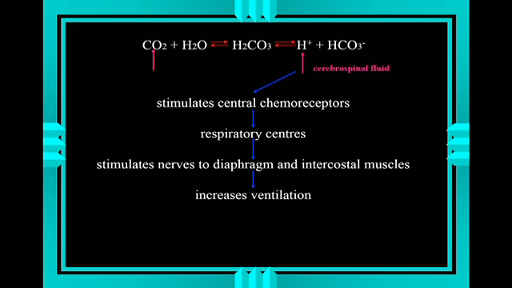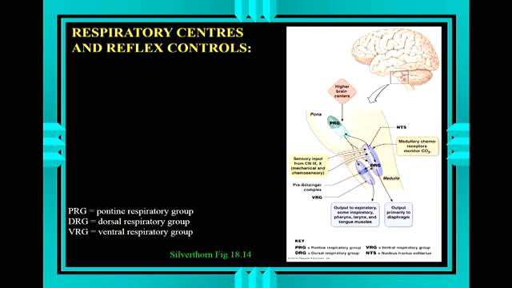You will breathe more in order to get rid of that CO2. Does that make sense? It becomes a bit more relevant again later. So they're the central chemoreceptors. They particularly respond to changes in CO2, which changes the pH of the cerebrospinal fluid.